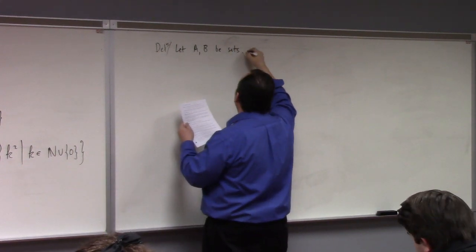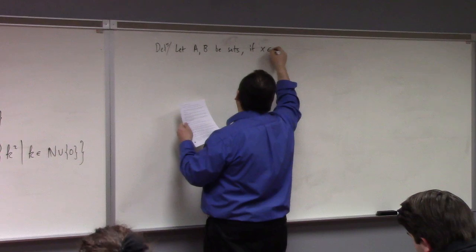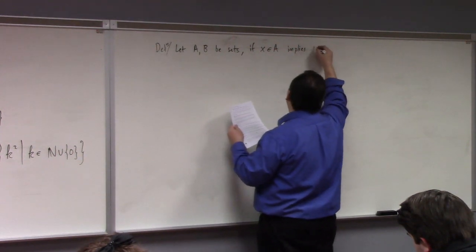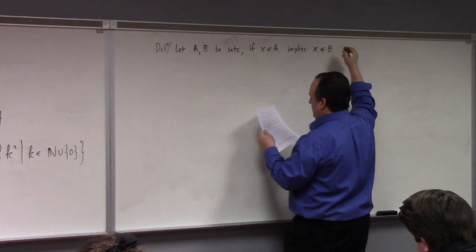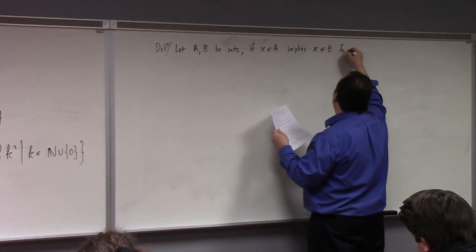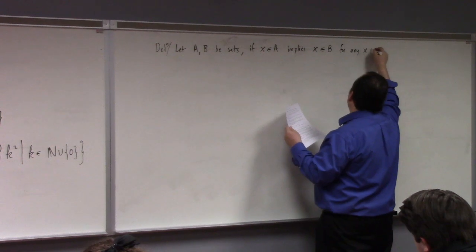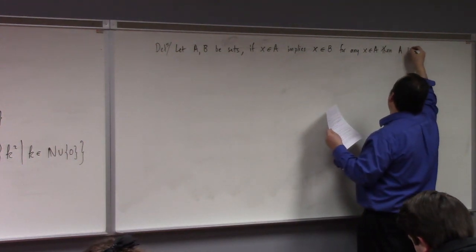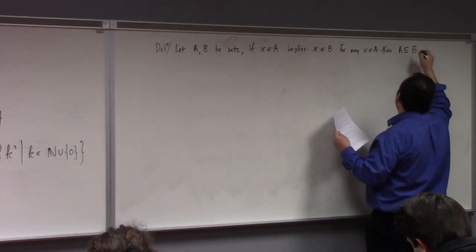If x an element of A implies x is an element of B for any x in A, then A is a subset of B.